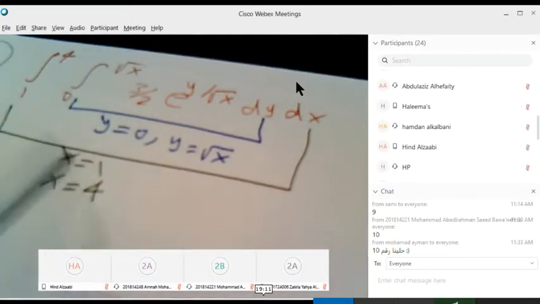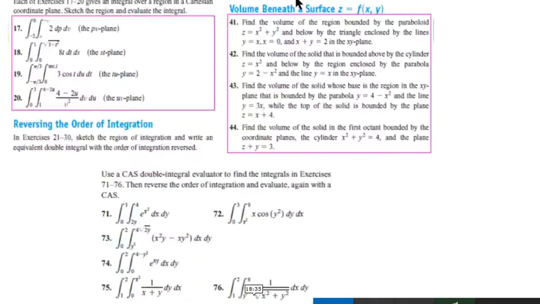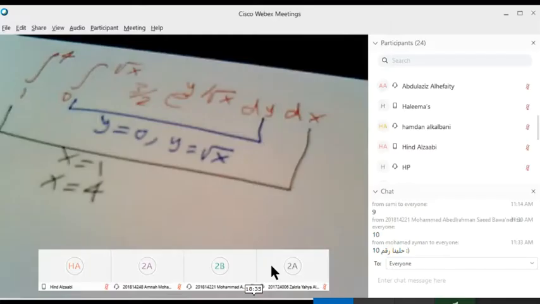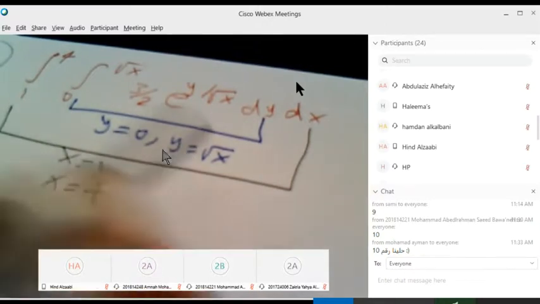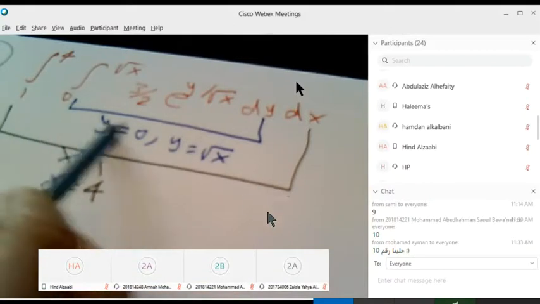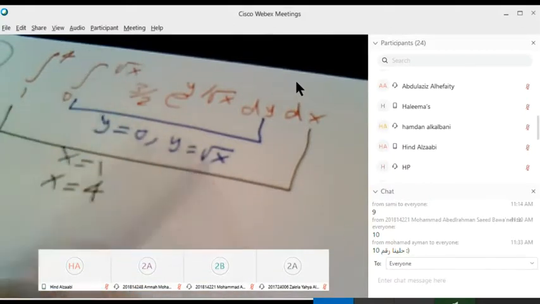How to find this one from y. For y, you get y equal to 0 and y equal to root x. So I know the first part of the region, okay, and for x equal to 1 and x equal to 5.